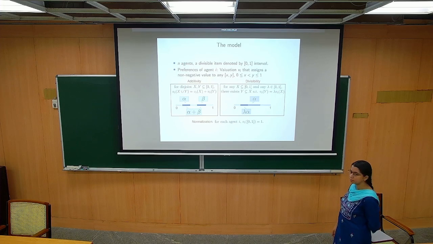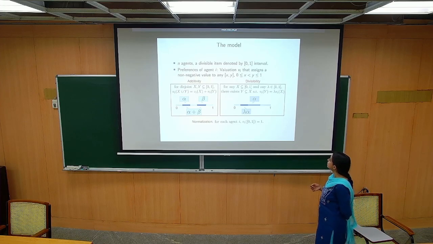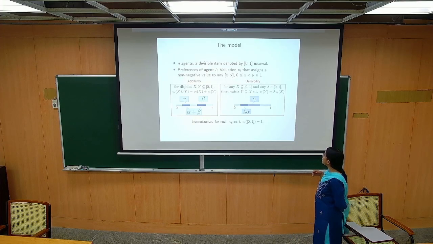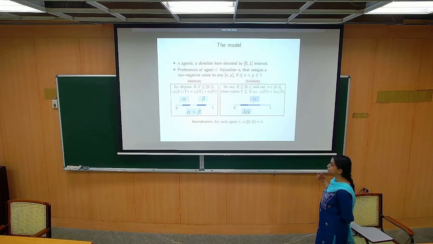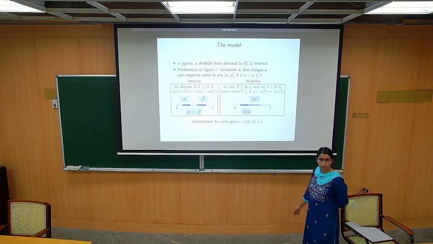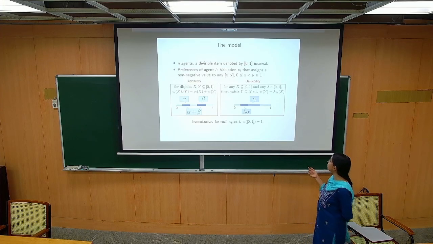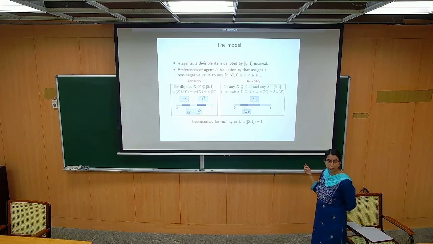Another assumption that we will make is that of divisibility. So here we will assume that if we are given any subinterval x of 0-1 and any fraction lambda, and we ask for a lambda fraction of x, then there is always a y which at least exists. So there is always a y which is a lambda fraction of the total value of x.